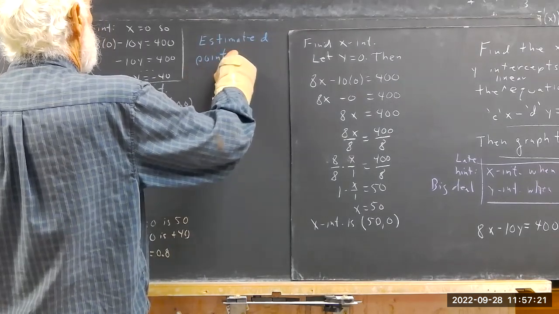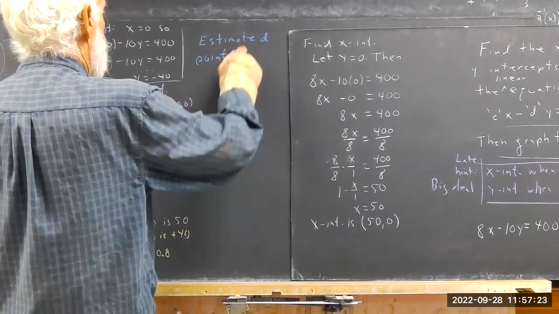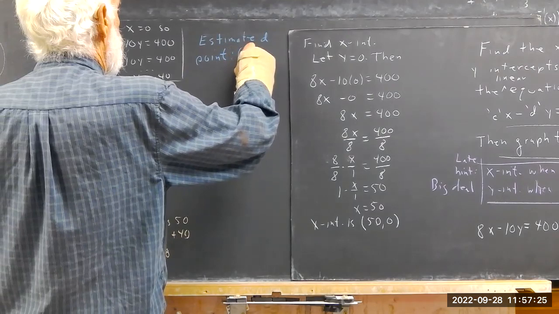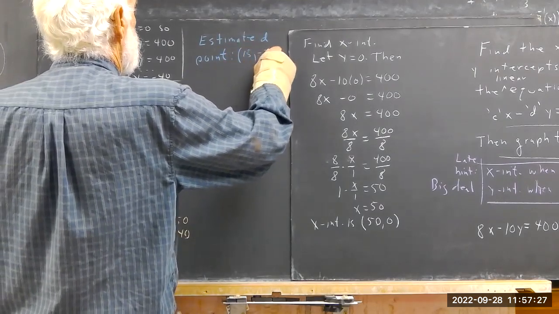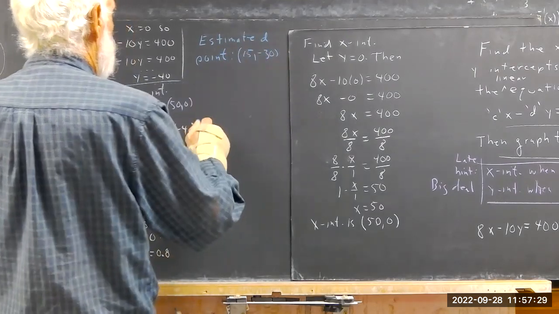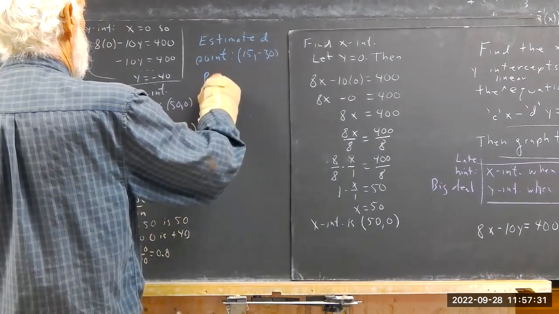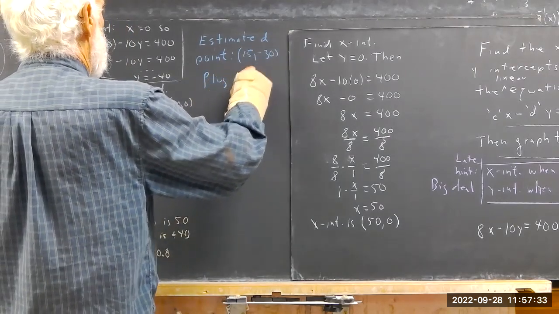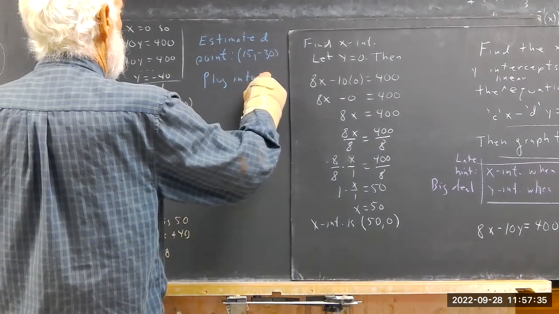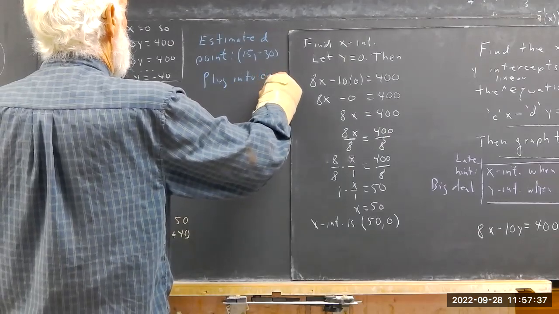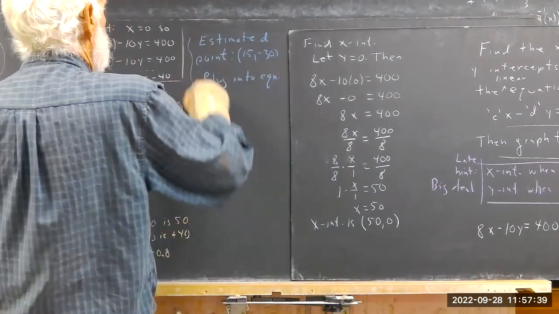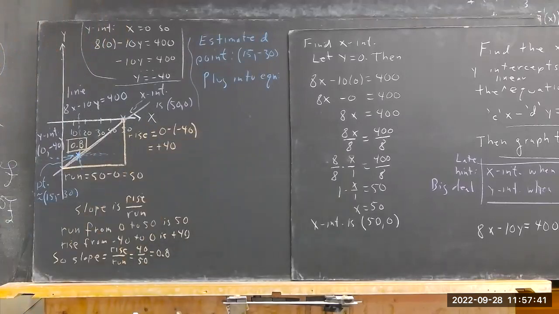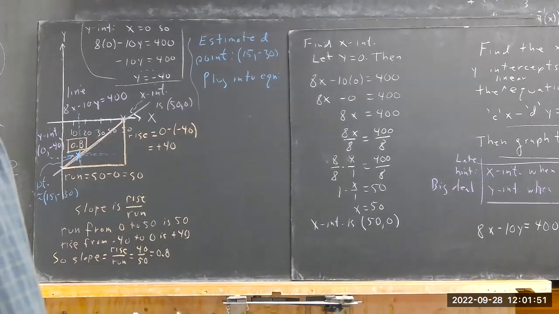The estimated coordinates of a point on the graph are 15, -30. Plug those numbers into the equation, write the equation you get. Then if you got time, evaluate it. Okay, that's very important.